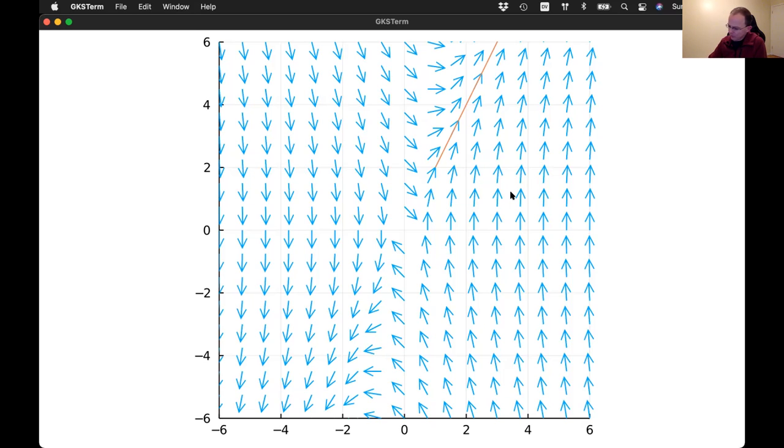I guess it is a straight line, isn't it? Because the solution is y is equal to 2x. And that is the line y is equal to 2x. It's a straight line. The slope is 2, and it will go through 0 here.